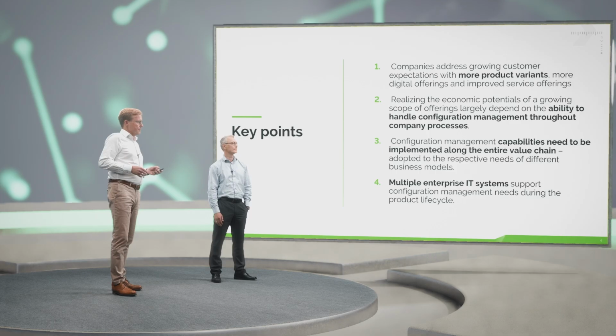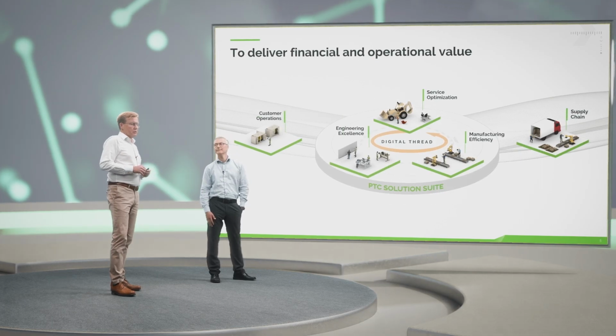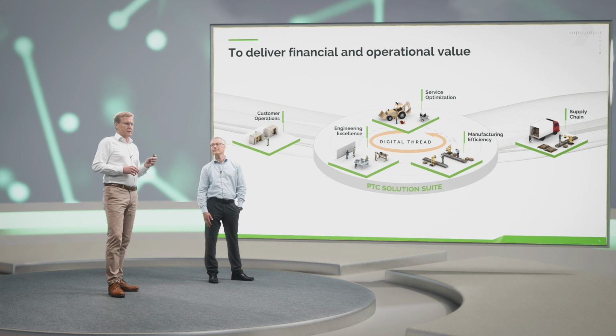So this means everything needs to be implemented along the entire value chain, and with that, of course, there is a big need to have everything implemented across multiple IT systems. And how should that work? Well, this is what I'm going to cover. I think a central notion of this concept is the digital thread.